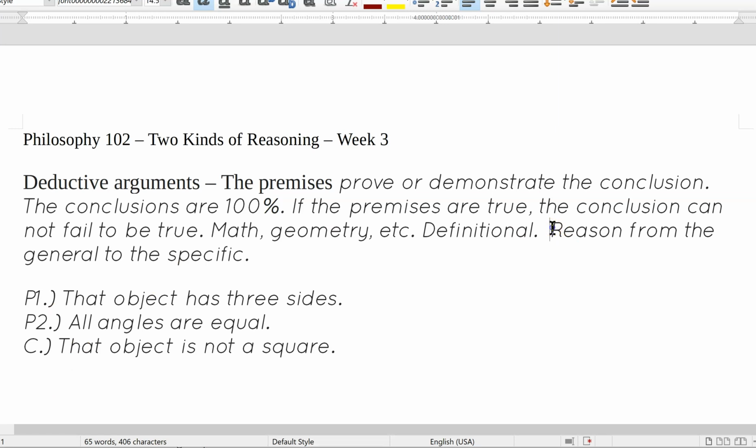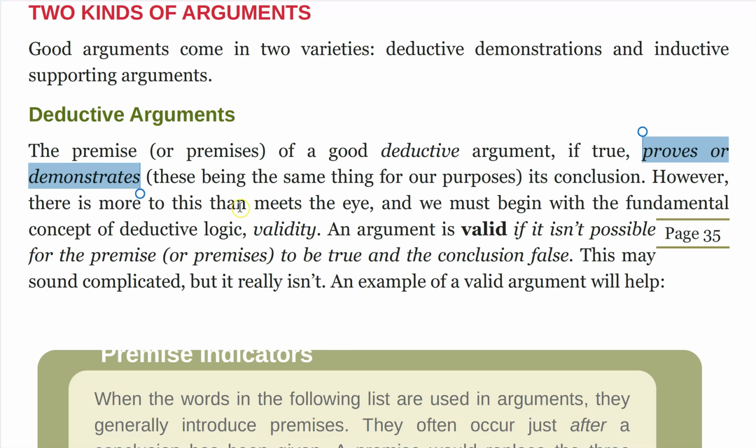I don't want to confuse you guys too much, but suffice to say that this will make more sense when we start talking about categorical syllogisms, which come much later in the class, but you might notice this feature of deductive arguments. If it's the other way around, it's just not right. So maybe we'll take some time to come up with some examples of arguments that follow this sort of thing more obviously. All right, let's move back to our textbook and get some other facts about deductive arguments.